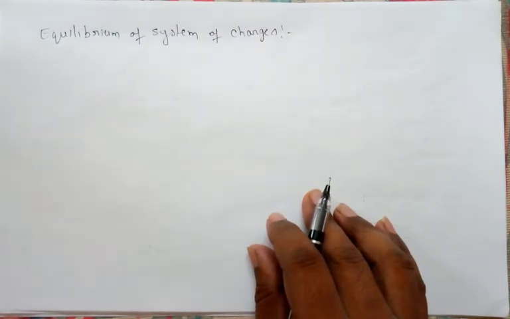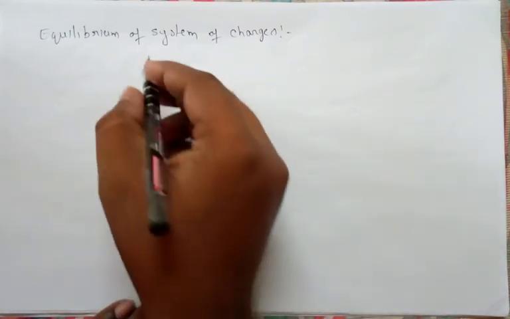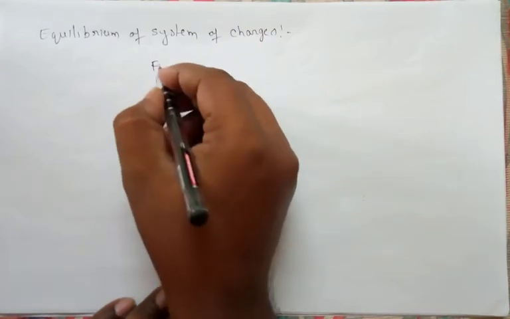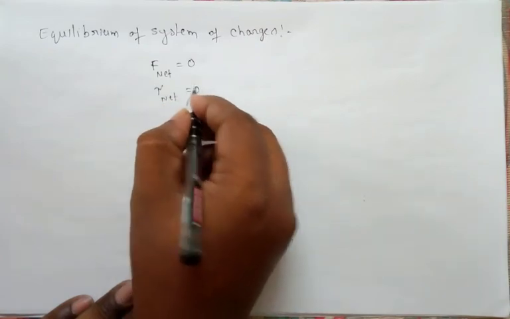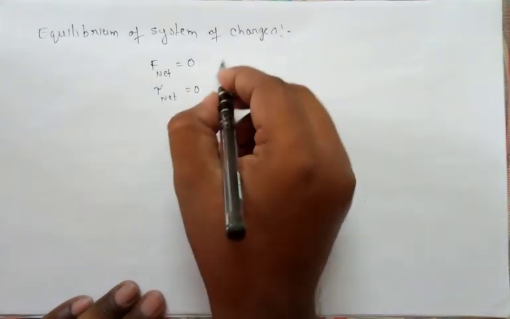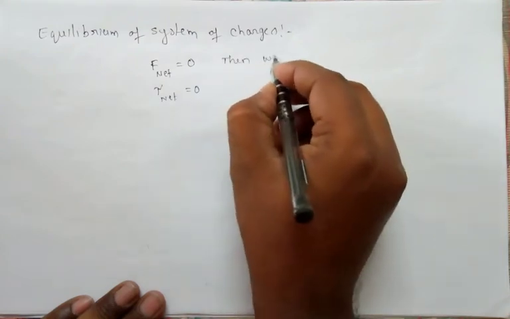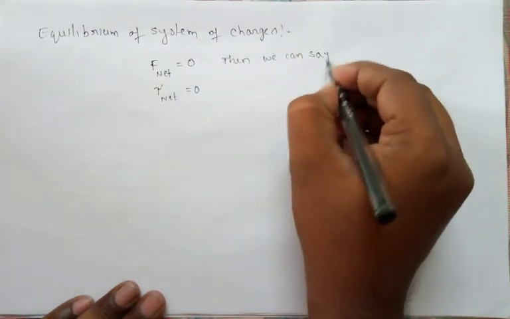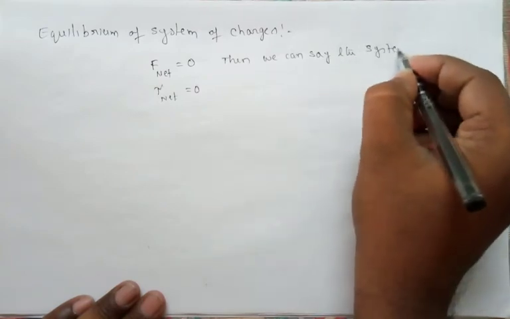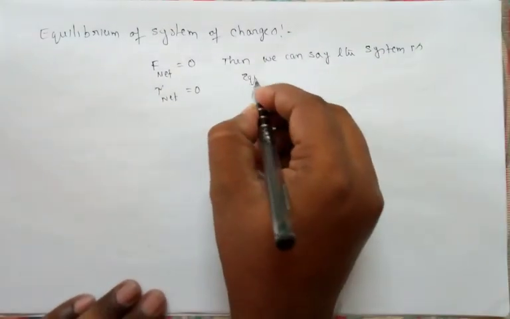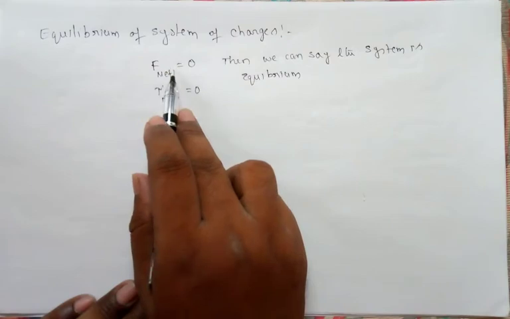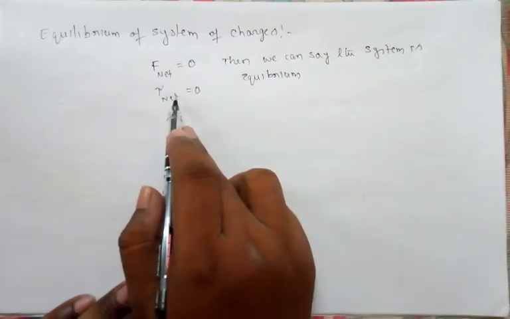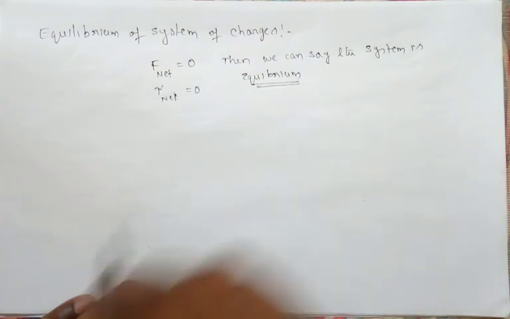So if the net force F is zero, or the net torque is zero, then the system is in equilibrium.